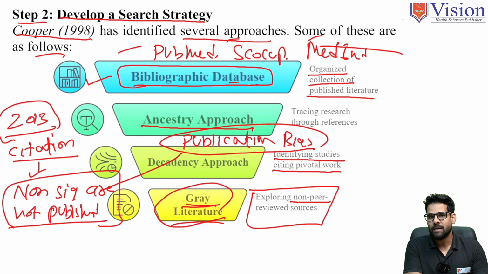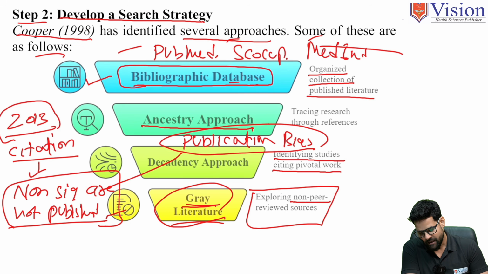Whenever you are conducting a literature review, your main purpose is to see what has been done. If every time you only look at published significant-result studies, you will never approach the researches which give non-significant results. Suppose I want to see the effectiveness of an intervention, and I found 20 studies and all are significant.